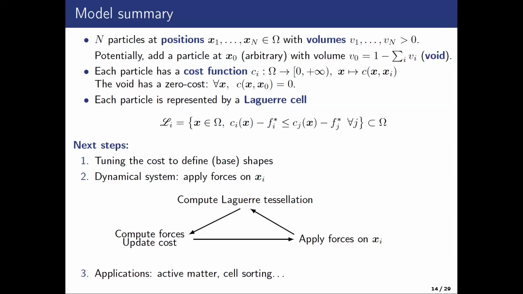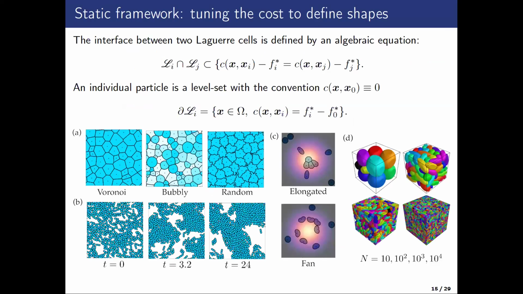Maybe I also update the volume, I add new particles. And with this new data, I compute a new Laguerre tessellation, and then again and again. Okay, and the question is, can we find good costs and good forces so that we can actually simulate biophysical systems?